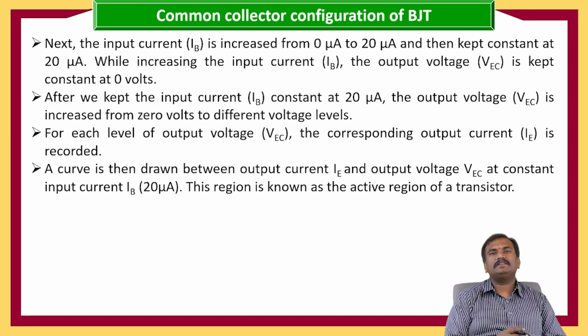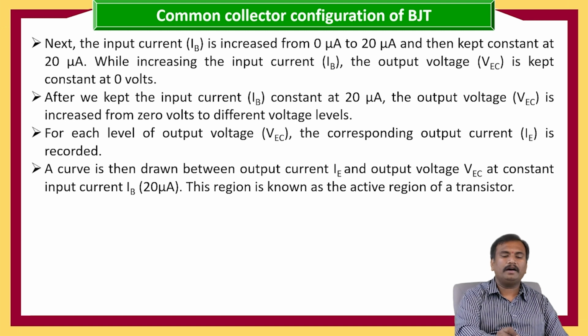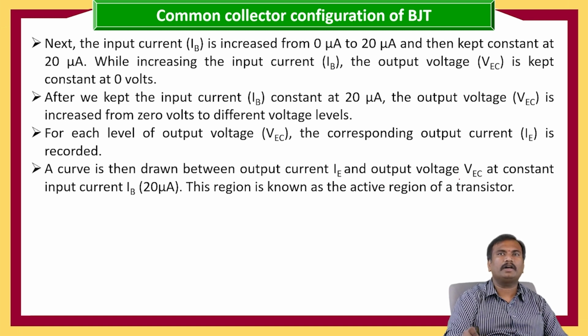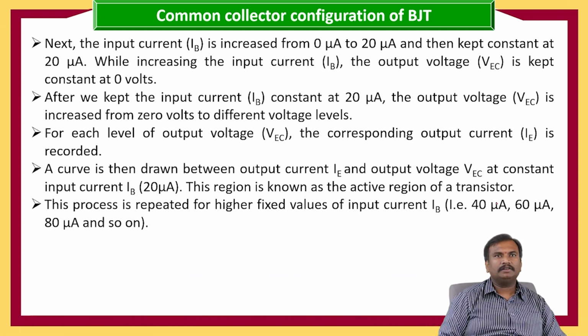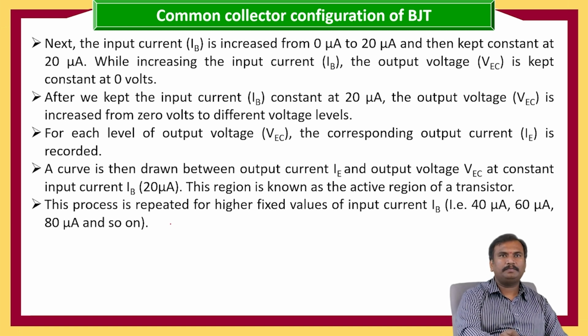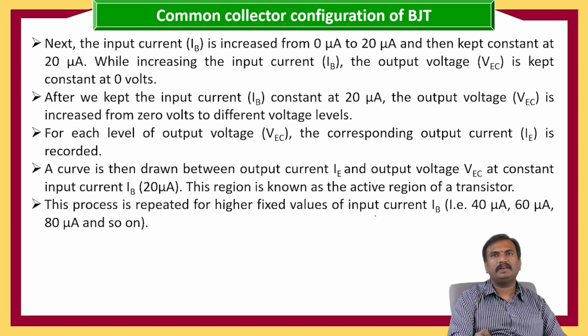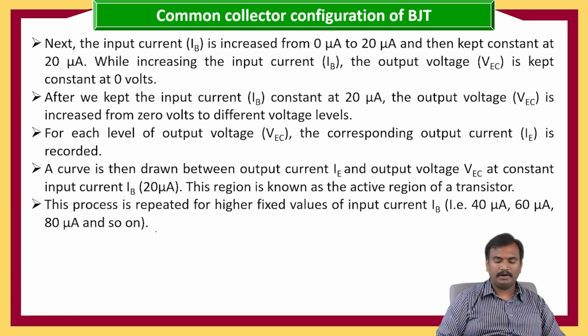For different voltage levels, we need to note down the values of emitter current. A curve is then drawn between the output current versus output voltage at constant input current. This region is known as the active region of the transistor. And this process is repeated for fixed values of input current IB, 40 microamperes, 60 microamperes, 80 microamperes, and so on.